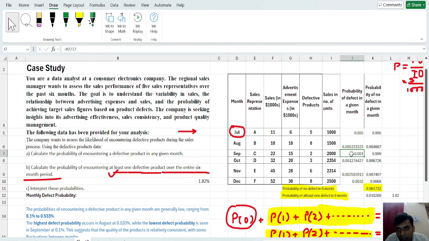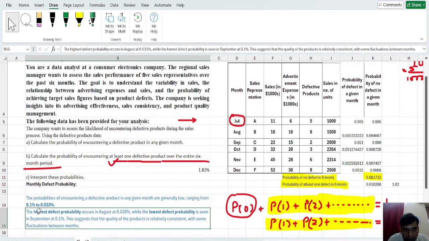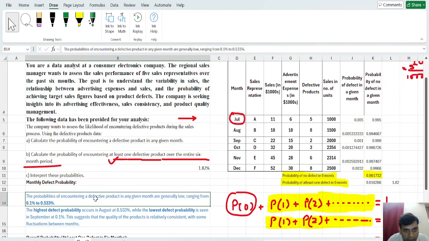And this is the largest one. If we multiply this with 100, this is 0.53%. So the range, in this blue line, I have explained this range.